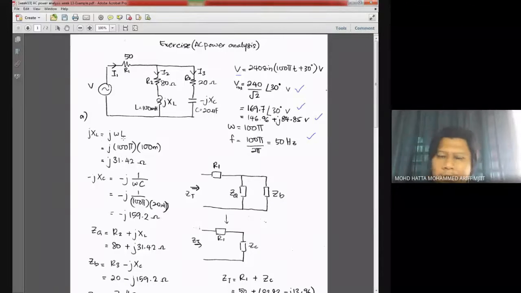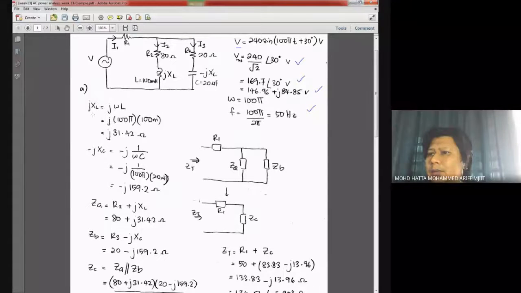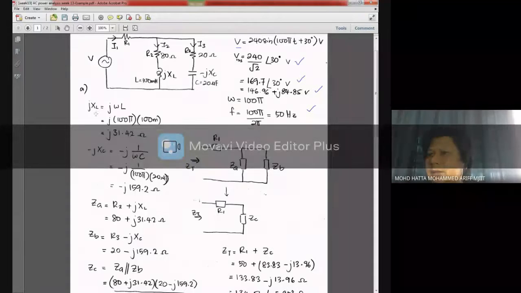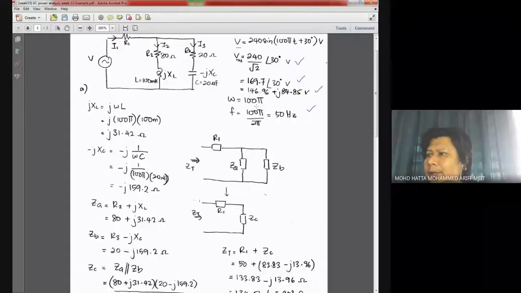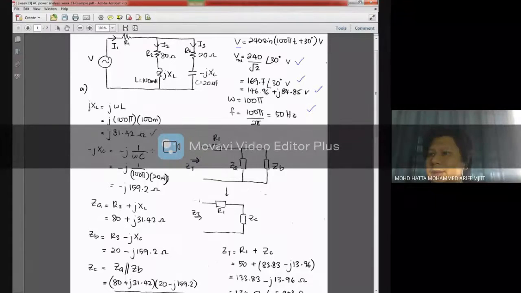According to the question, first we need to calculate the reactance of the inductor, XL. XL is given by j omega L. Omega is given in the question as 100 pi. We just put it there, multiply with the value of our inductor, and we will get the XL value.